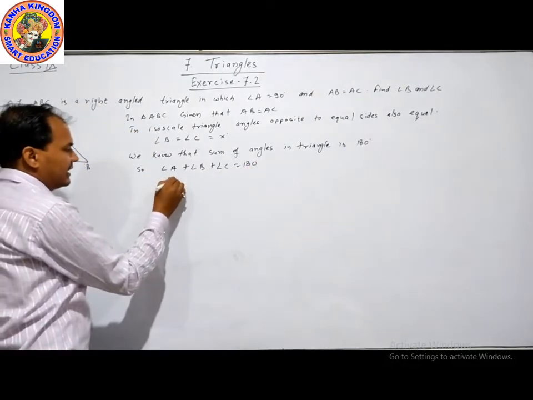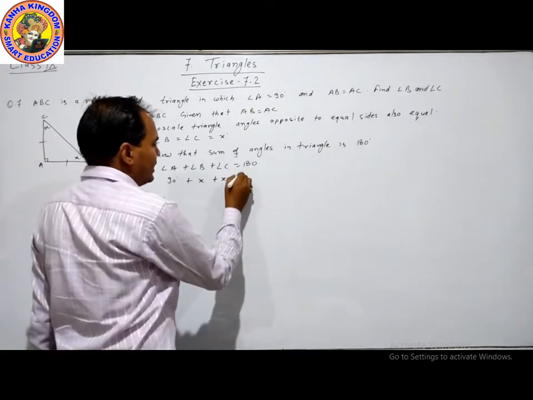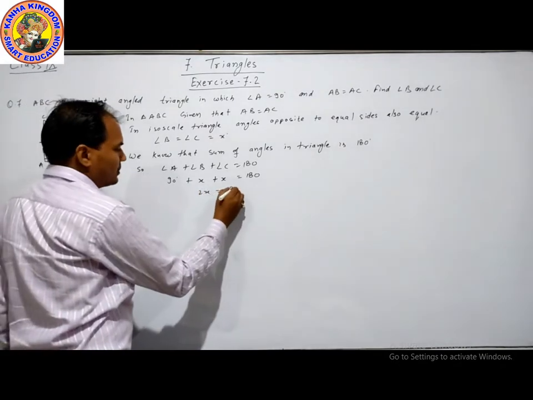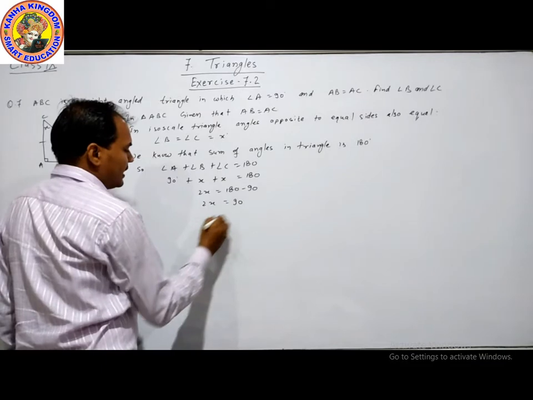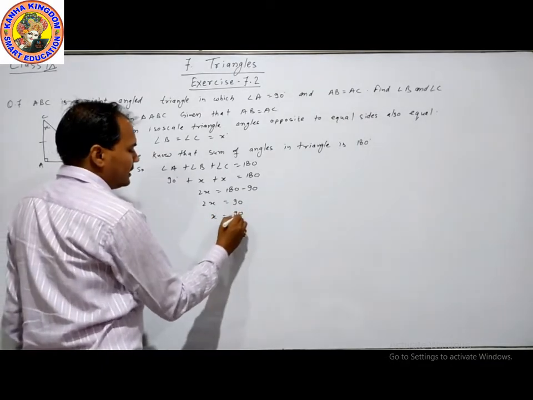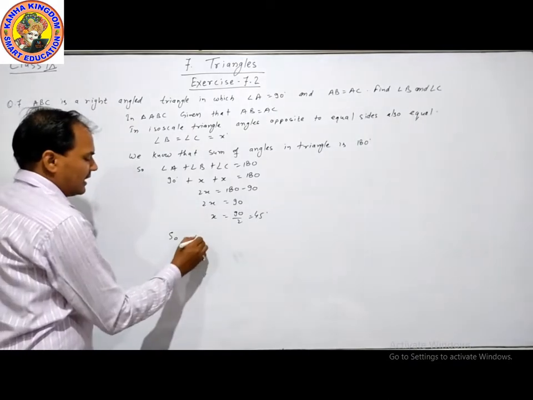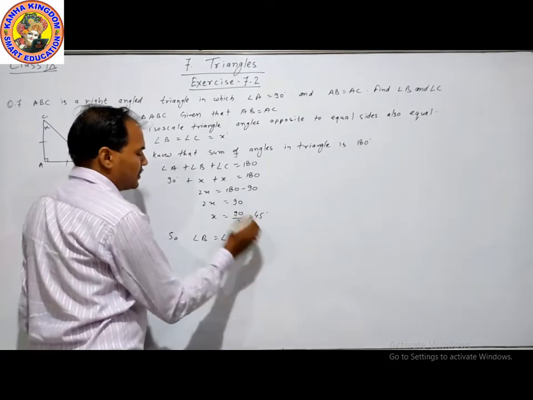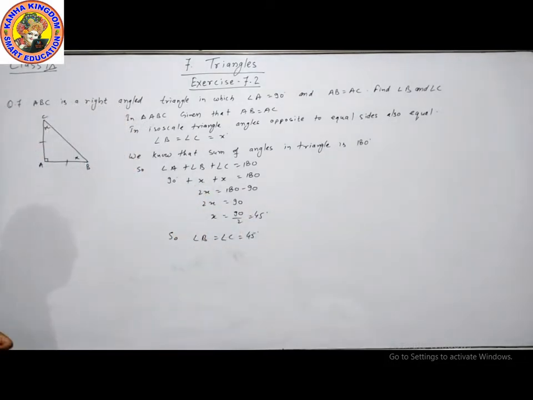Angle A is 90 degree, angle B is x degree, angle C is x degree, is equal to 180 degree. 2x is equal to 180 minus 90, 2x is equal to 90 degree, x is equal to 90 by 2 is equal to 45 degree. So angle B is equal to angle C is equal to x degree, means 45 degree. Find the value of B and C. The value of angle B and angle C is 45 degree.